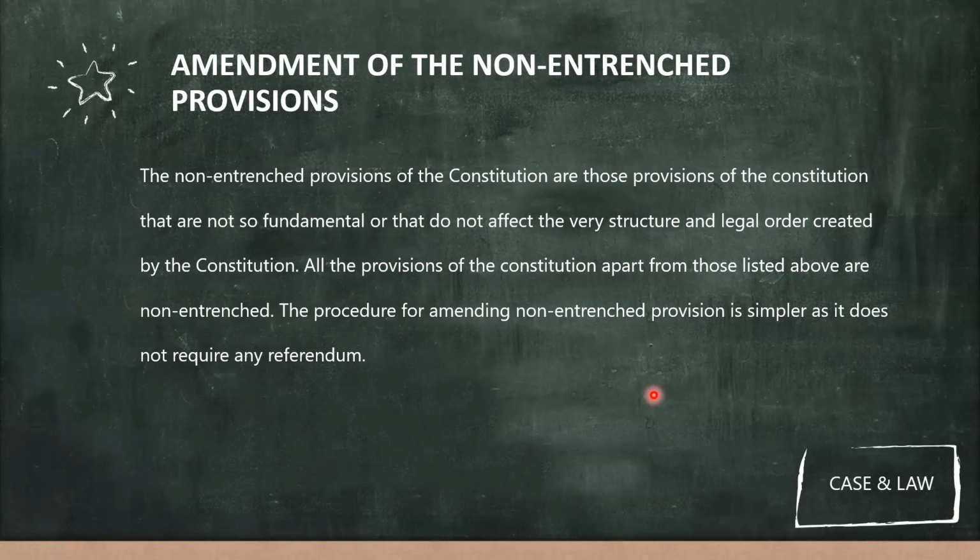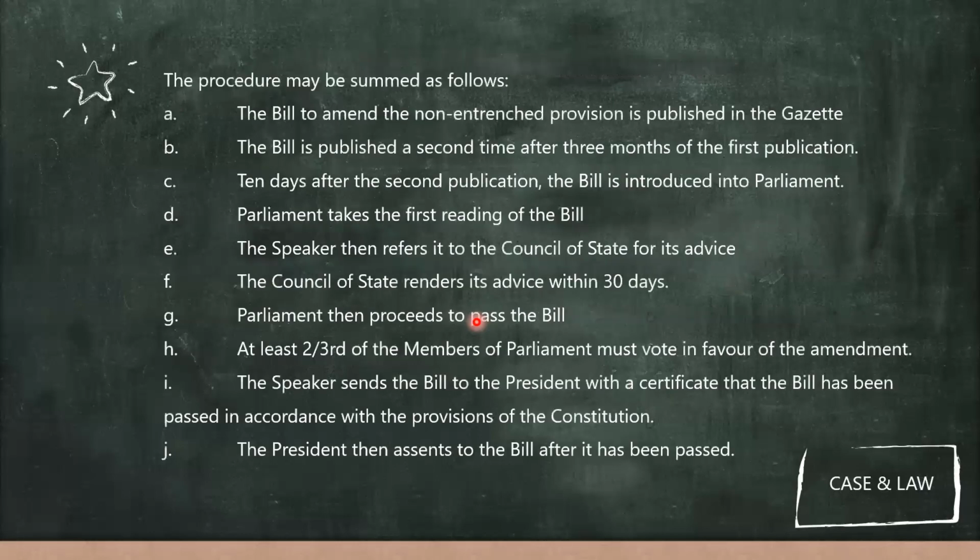So the procedure in amending them is a bit more flexible than when these provisions affect the very fabric of Ghanaians. So let's look at the process in amending non-entrenched provisions. Again, it will be by a bill.